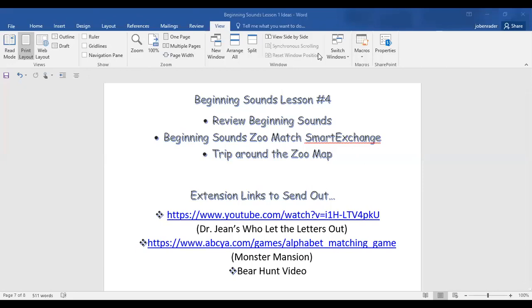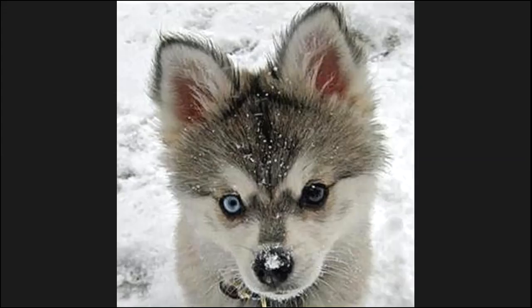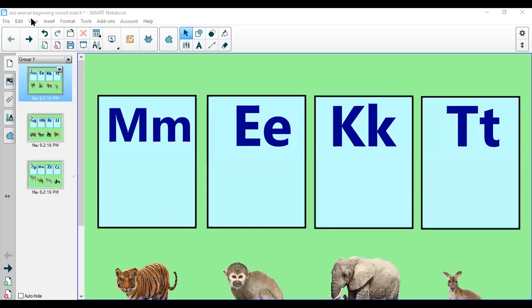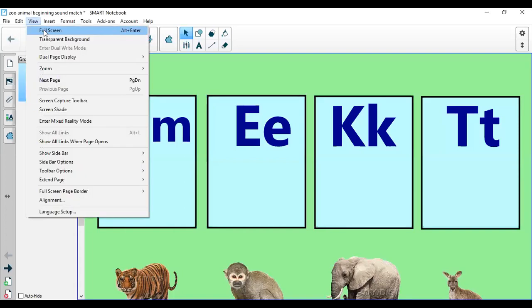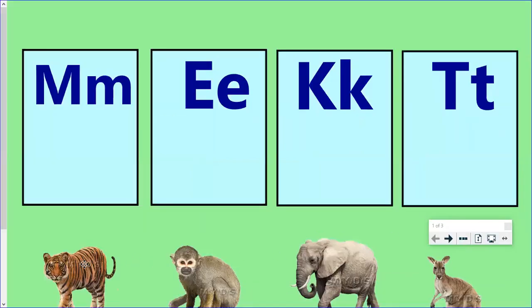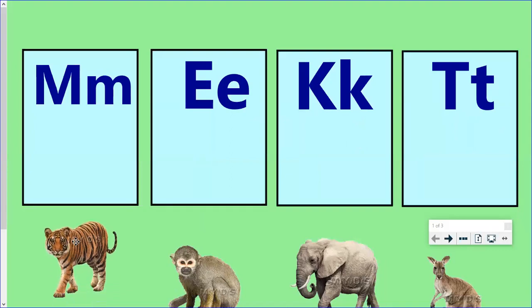Now we're going to do a beginning sounds zoo match. I'm going to stop sharing this right now, and I'm going to share a new screen with you, and we are going to match up beginning sounds looking at a few of our zoo animals. The first one we're going to look at is a tiger. What letter would I put tiger under?